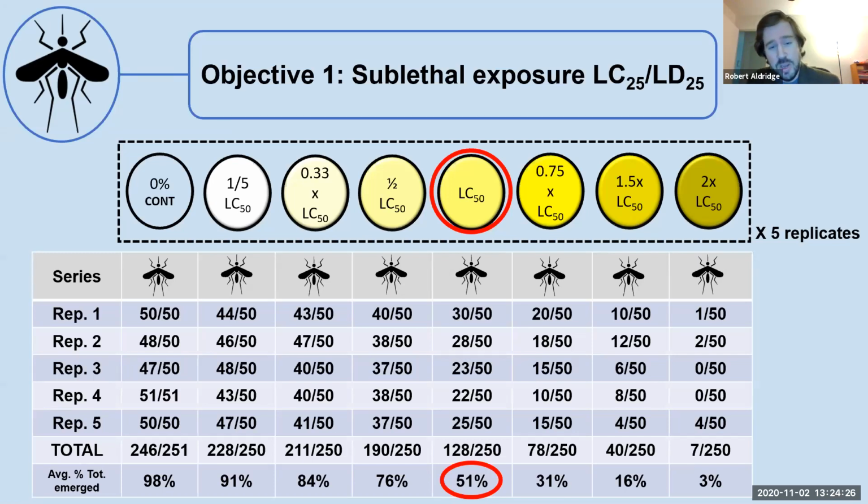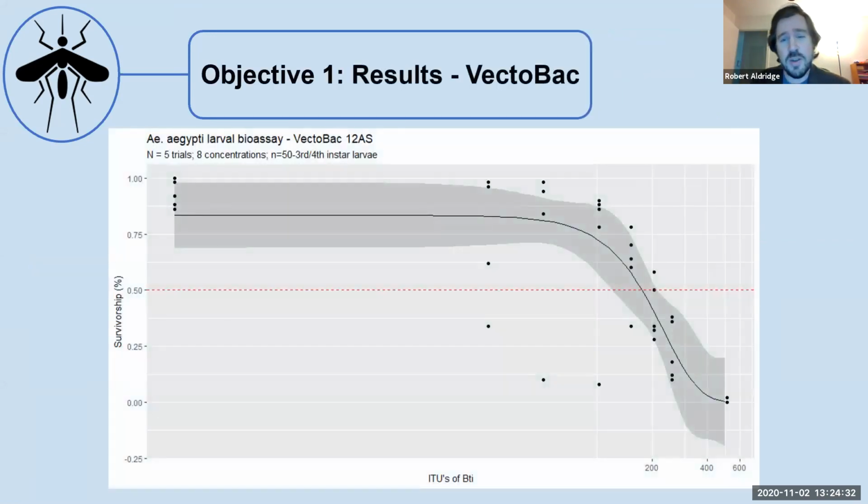So yes, we were able to identify an LC50 for several pesticides. Specifically, we looked at Vectobac. Vectobac 12AS is a BTI, Bacillus thuringiensis israelensis, and I have identified dose curves here, and also using that dose curve, I've been able to identify the optimal LC50 that I can feed to these mosquito larvae and generate adults that were exposed to that.